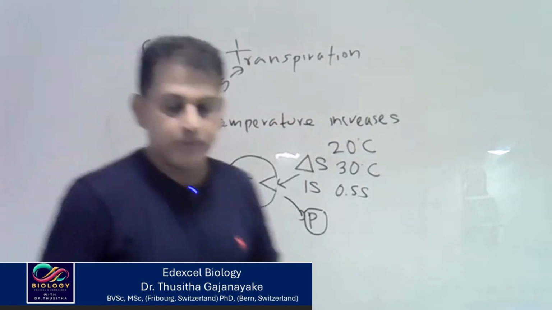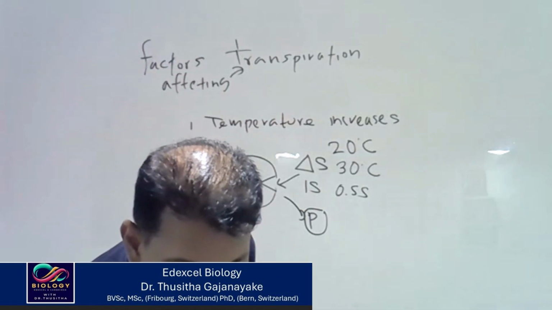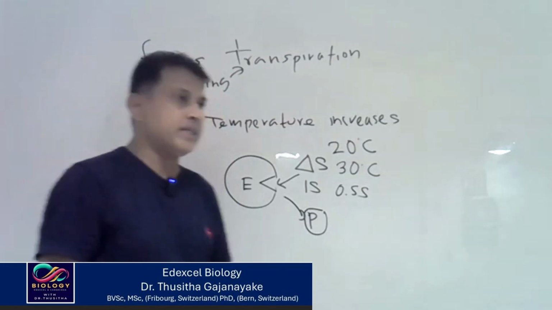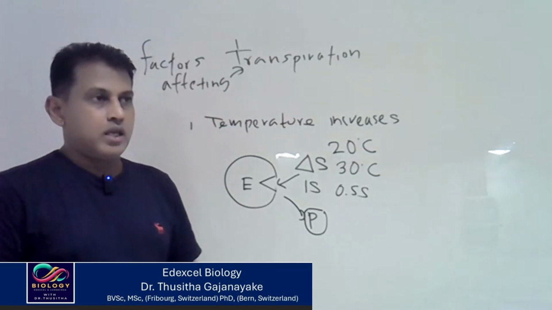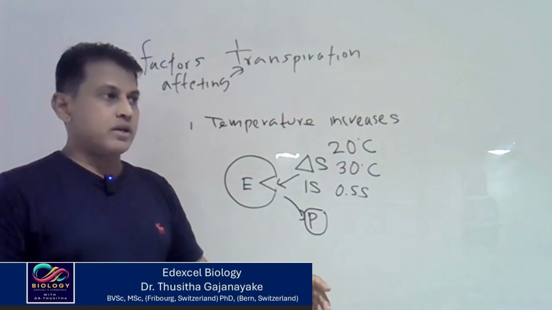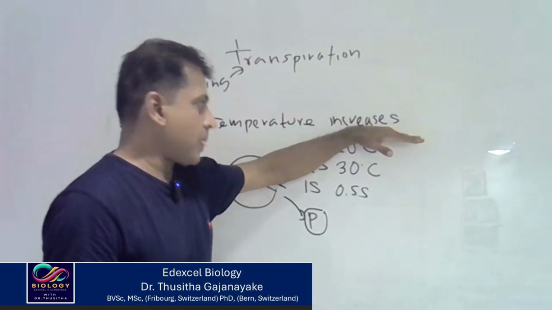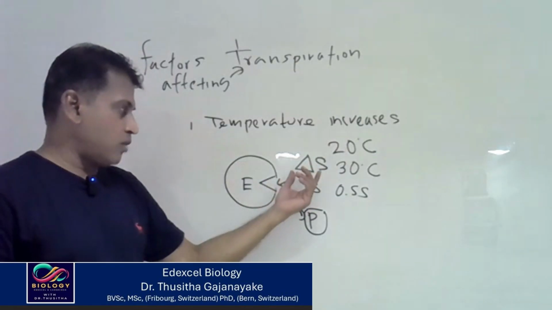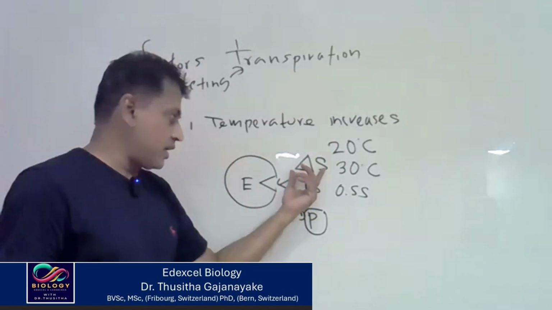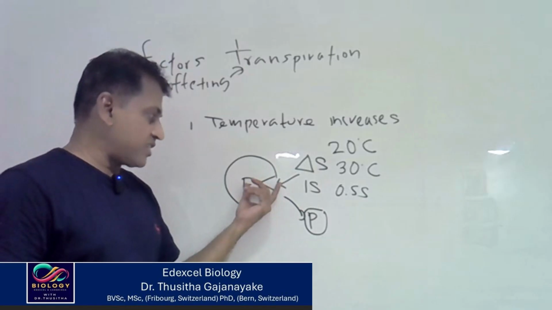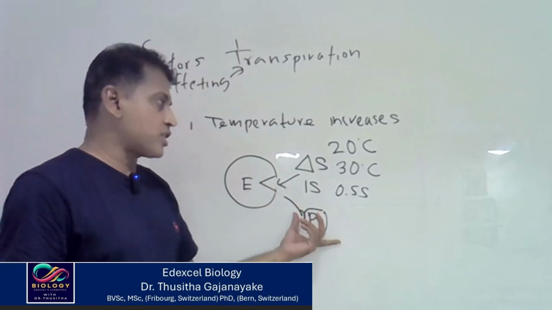This you have to write in detail based on the question. If the question carries 3 marks, then you have to write: temperature increases, kinetic energy increases, the molecules move faster and can bind to the enzyme faster, and more products form.